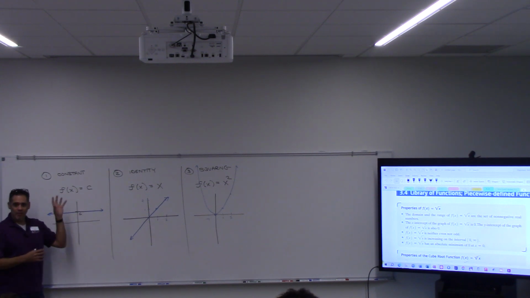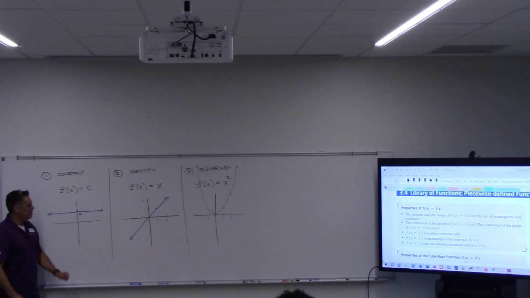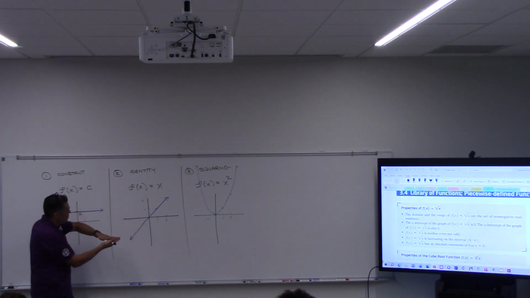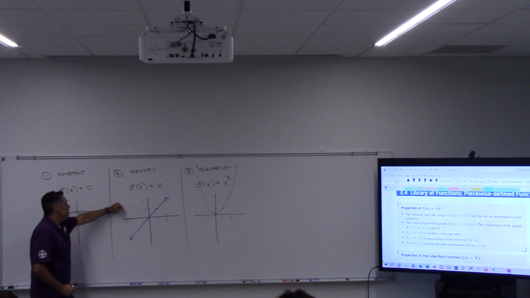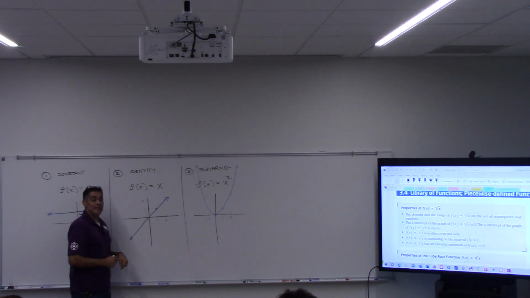All the functions, all these toolbox functions, we should be familiar with all these ideas. Domain, range, all that stuff. Okay, this one. Domain. All real numbers. Range. All real numbers. It's increasing all the time, right? It's an odd function.